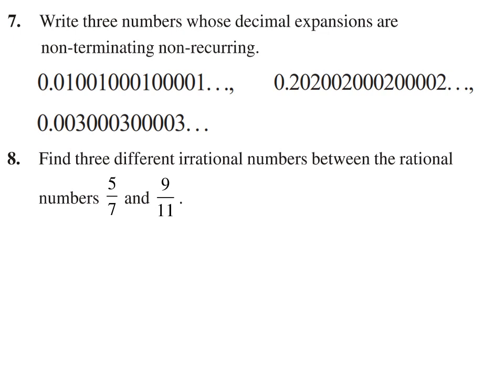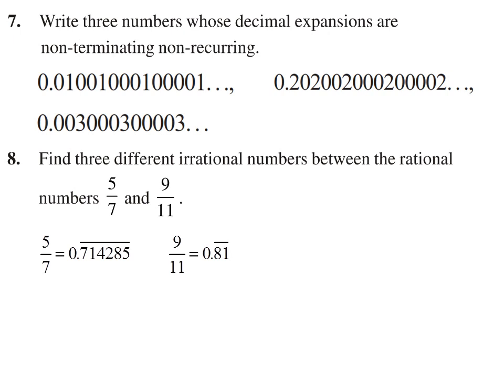Again, these are rational numbers, so we know their decimal expansions will be non-terminating, recurring. Doing the long division for 5 by 7, I get 0.714285 bar. And for 9 by 11, I get 0.81 bar.